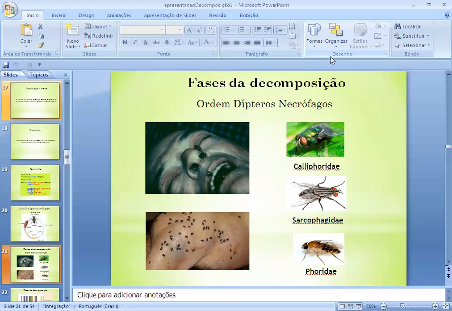The first stage of the decomposition is more attractive for the Calliphoridae, which come and feed on the organic compounds and lay eggs. The Sarcophagidae are more interested in the advanced stage of the decomposition, and the Phoridae are more interested in the last stage, where there is no more liquid and not so many organic compounds.